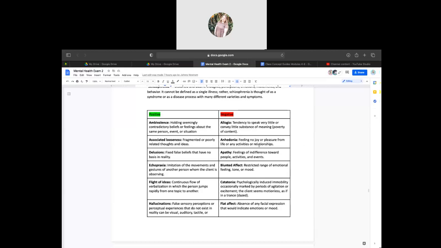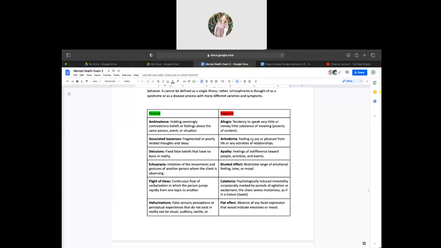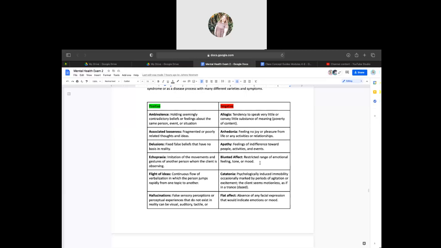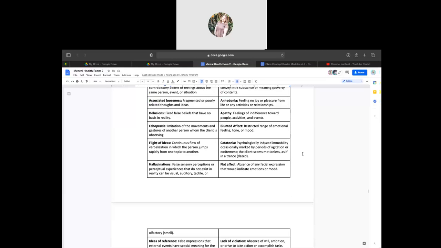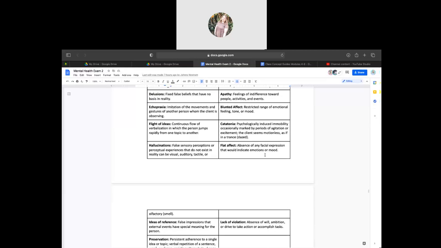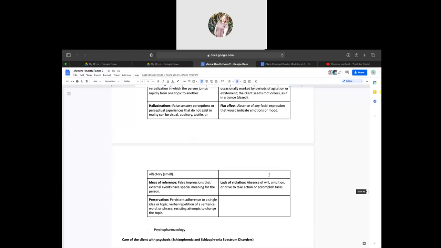Anhedonia, no joy or pleasure. Apathy, feelings of indifference, blunted affect, restricted emotions. Catatonia is that immobility, they're kind of like in a trance. Flat affect, absence of facial expression, lack of volition, absence of will.